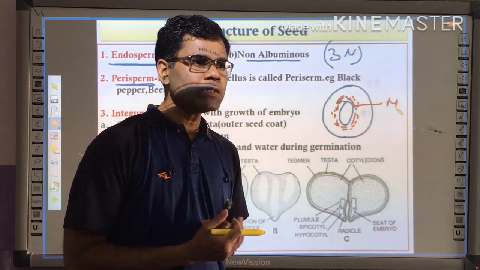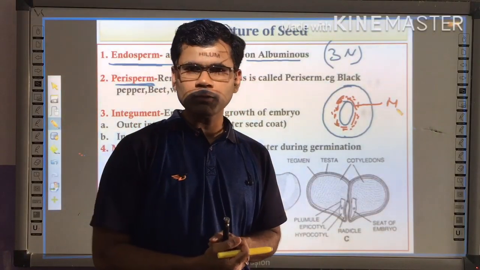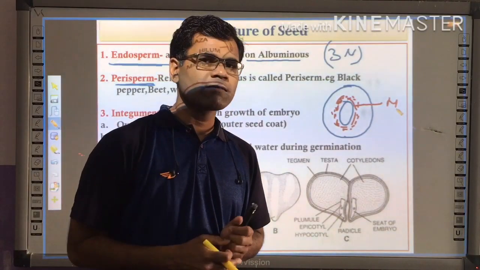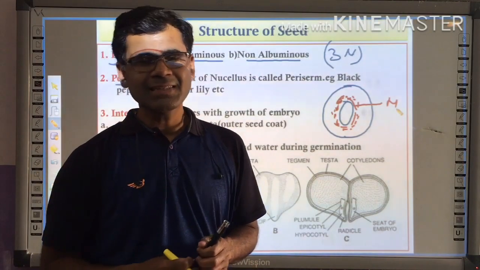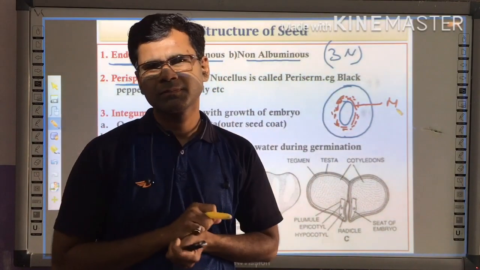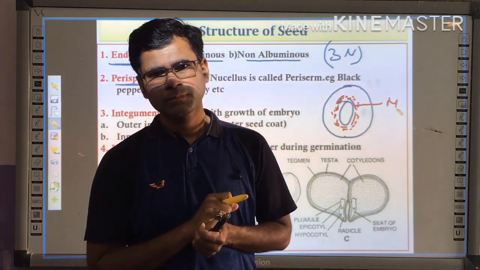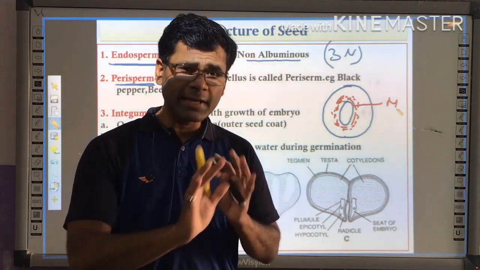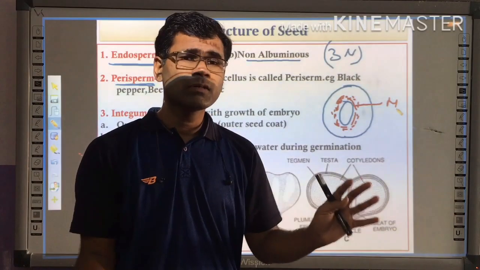So what happens during the development of an embryo and of the endosperm? This nucellus is usually completely consumed, and hence we do not find any nucellus in most seed structures.